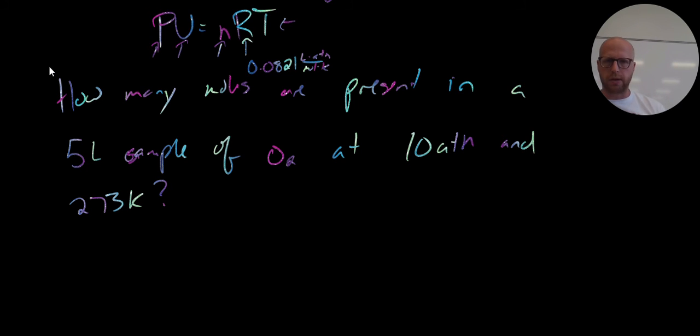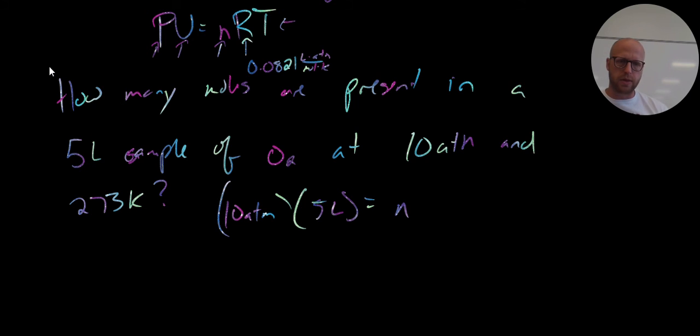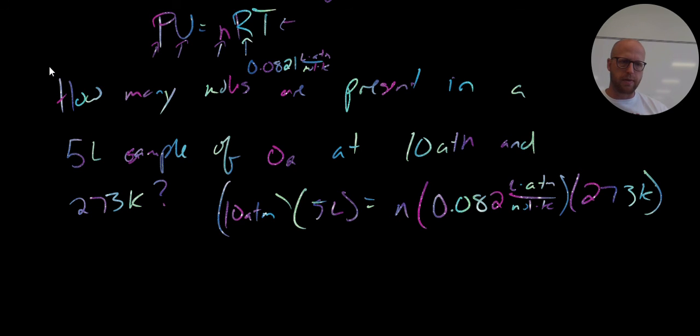Okay, so now we just kind of plug and chug away. So let's see what we got here. At 10 atm, my pressure times my 5 liters is equal to moles, because I don't know that. My constant, I always know, is 0.0821 liter atm per mole Kelvin. And then in this case, my temperature is already converted to Kelvin for me. I've got 273 Kelvin.